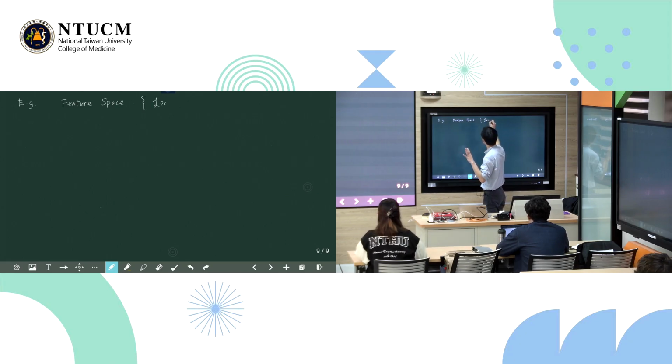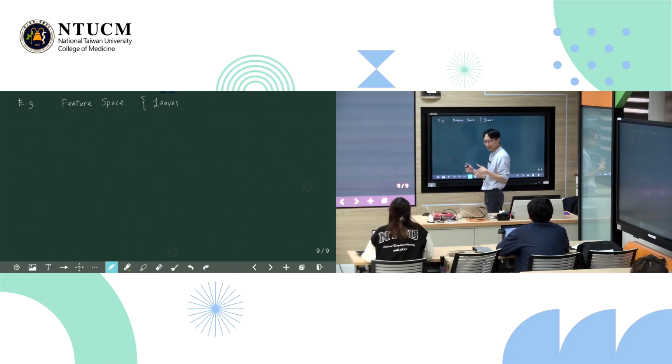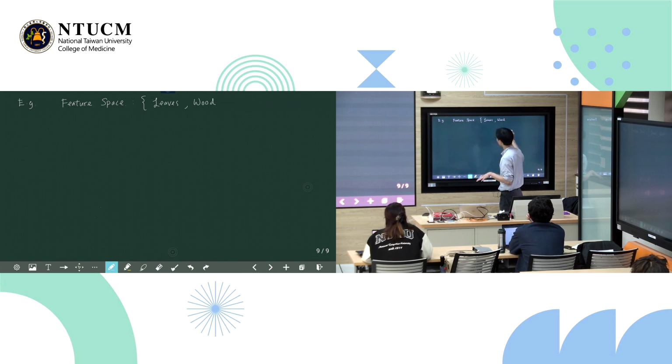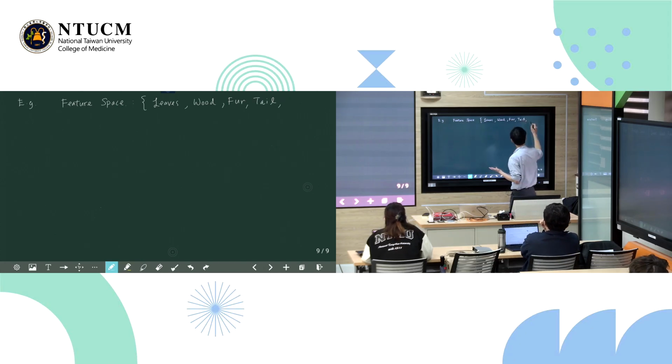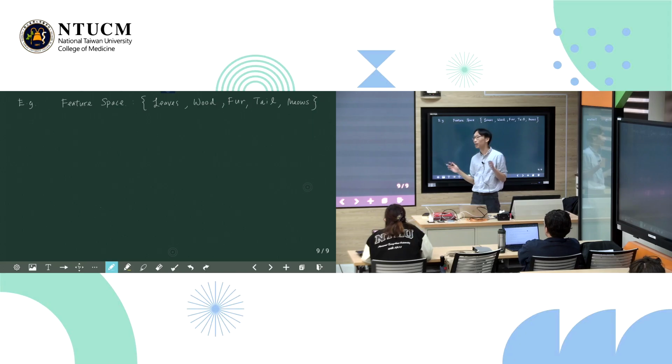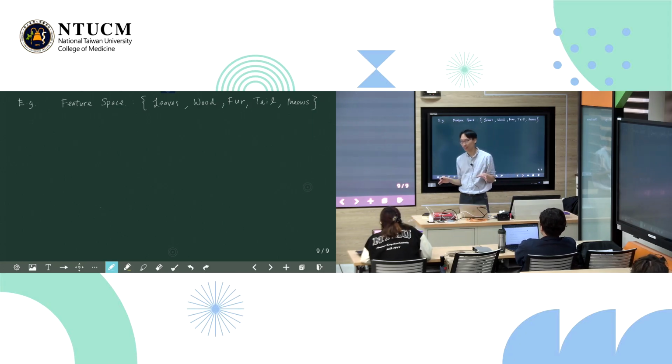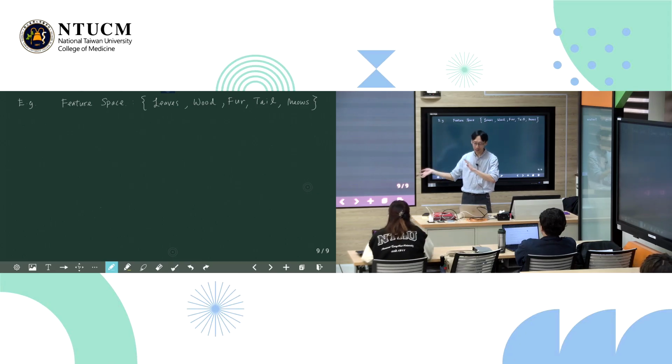The universe either has leaves or no leaves, is made of wood or not made of wood, has fur or is not furry, has a tail or no tail, and meows or doesn't meow. Sounds very arbitrary, but let's just imagine that's all there is in this weird universe. You have these 5 dimensions, and these dimensions can either be ones or zeros, having this or not having this.